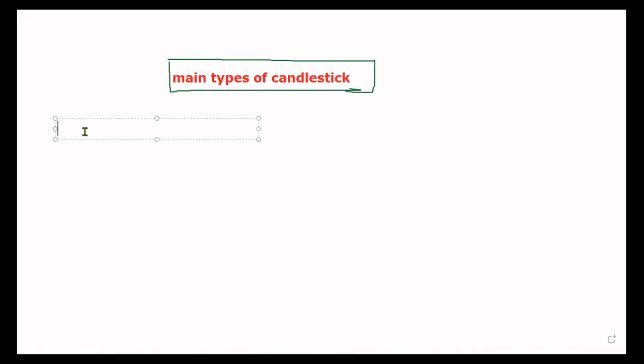So we have this type of candlestick called a hammer.